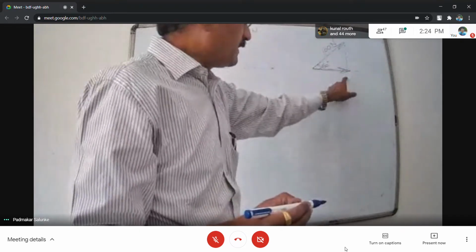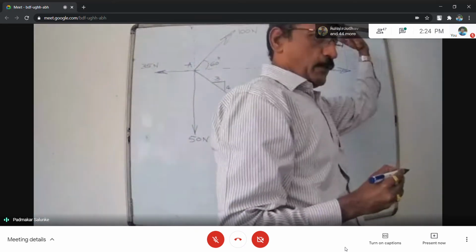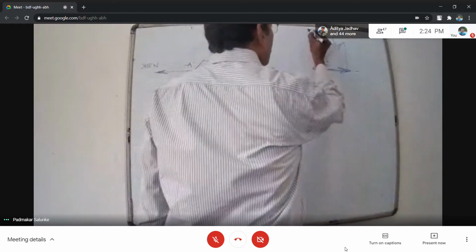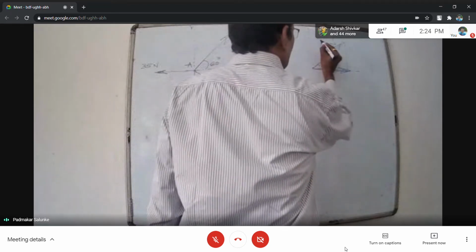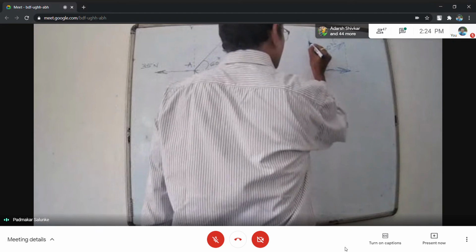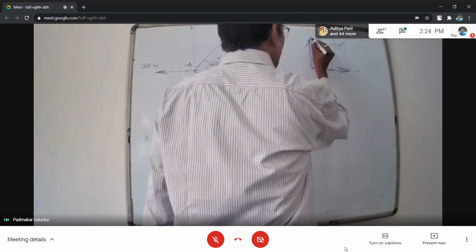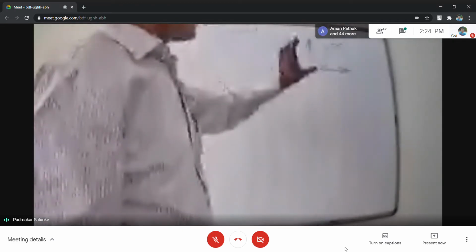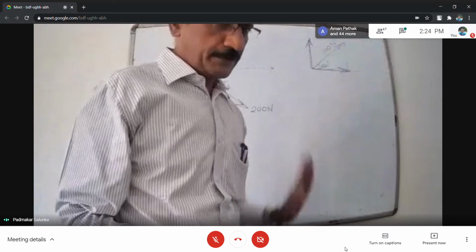In the side view, this is the y-axis, and the projected length of this force on the y-axis is this. So these are the x and y components of the 100 Newton force.